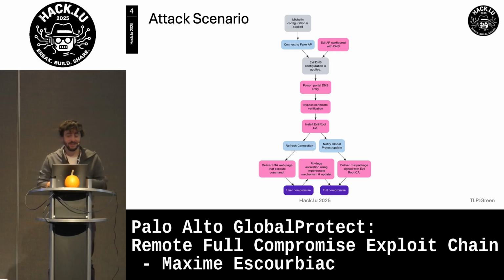GlobalProtect takes the DNS configuration from our access point. We poison some DNS entry, bypass certificate validation, we'll explain this later, install an evil root certificate authority, and then refresh the connection and deliver an HTA payload to compromise the workstation, and then use an LPE, local privilege escalation, to have the full compromise.